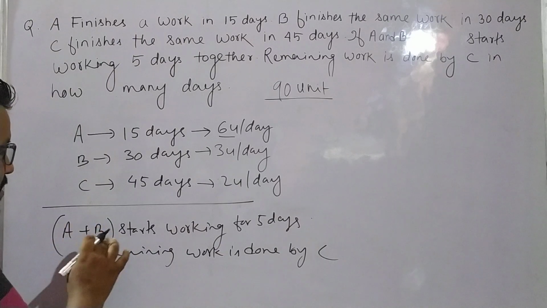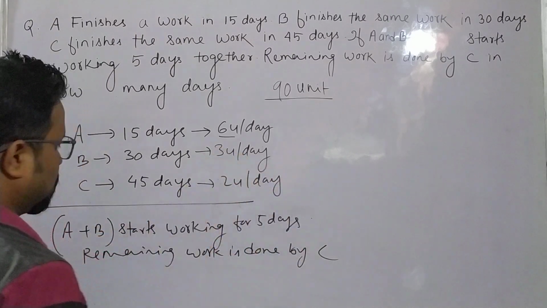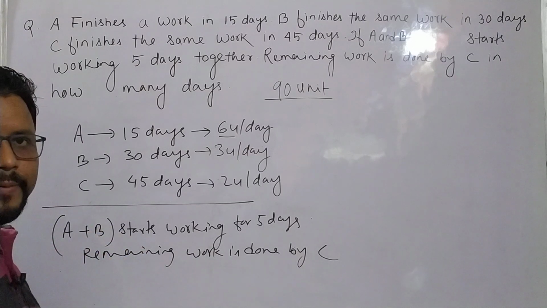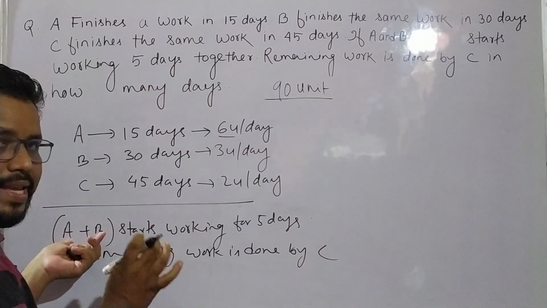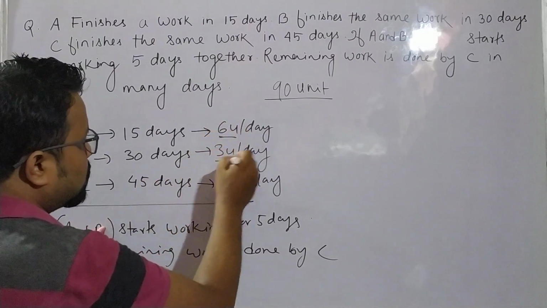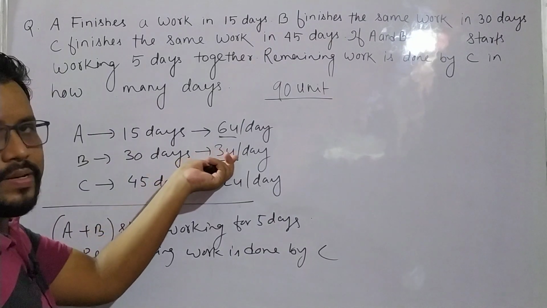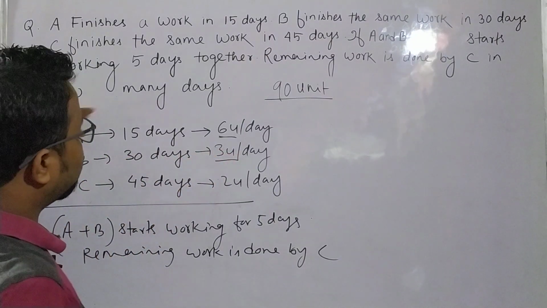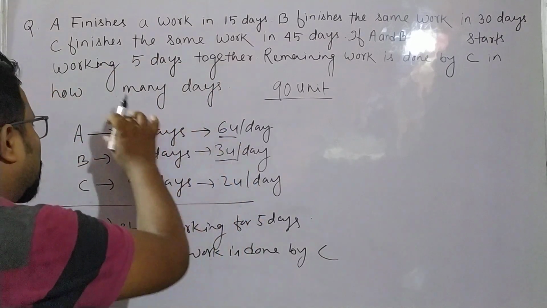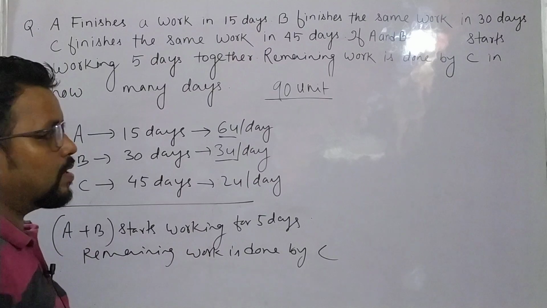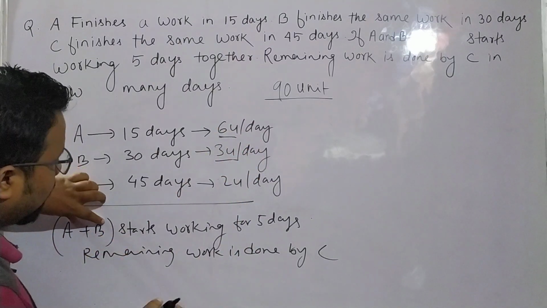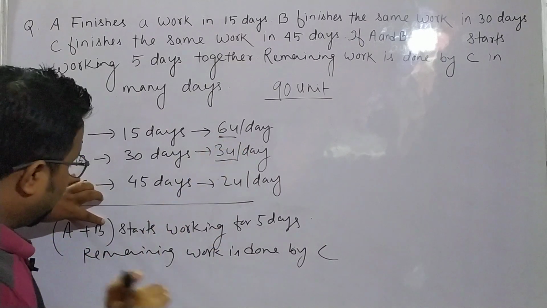Again, A and B start working for 5 days. First we have to calculate how much work A and B will do in one day. A's one day work is 6 units. B's one day work is 3 units. So together in one day, 6 plus 3, 9 units.